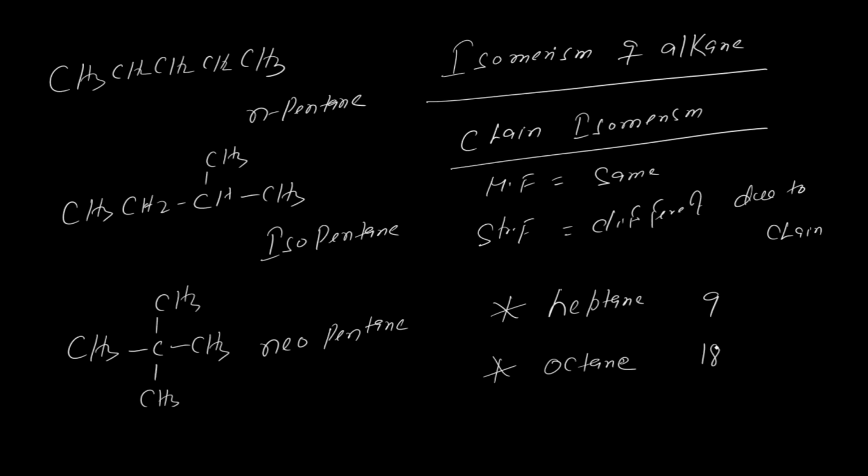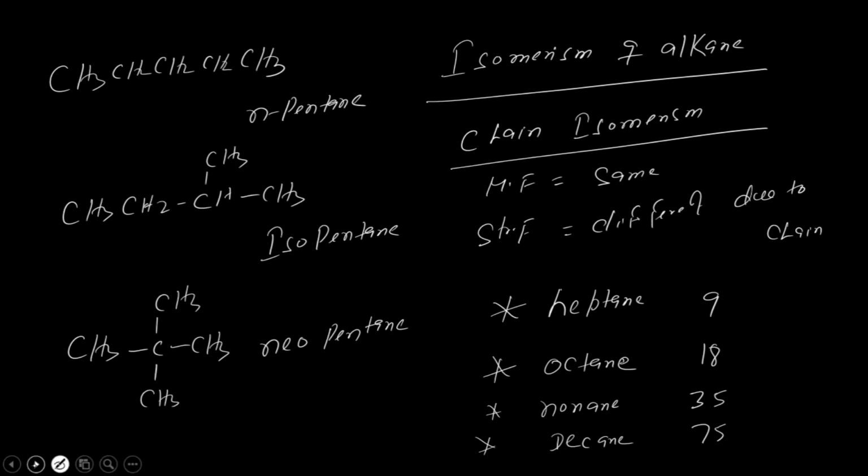You will get 18, and for nonane you will get 35 isomers possible. And for decane, how many isomers are possible? That is 75 isomers possible for decane. So this is a very interesting thing you should keep in mind.